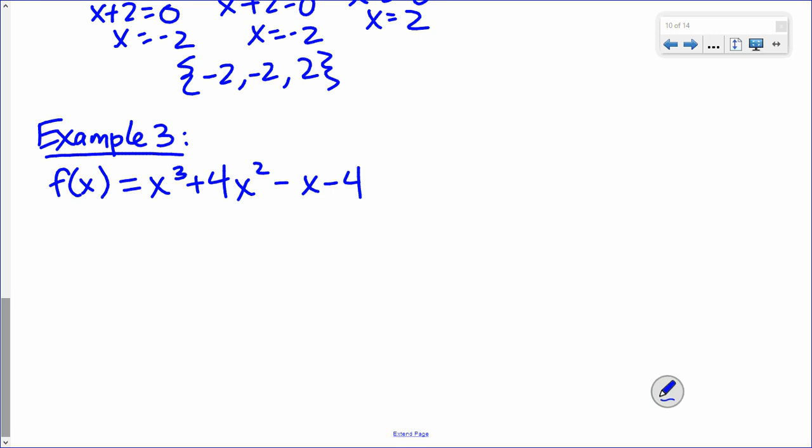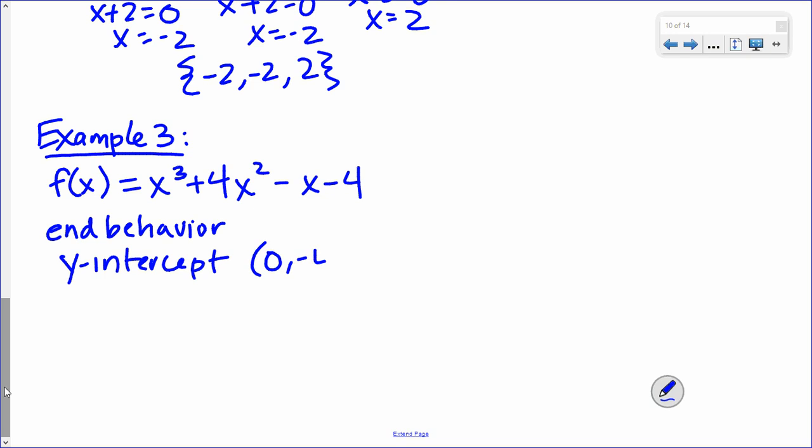Okay. So again, I can figure out the end behavior and the y-intercept from the standard form. Y-intercept's at 0, negative 4. End behavior, like that. And I can factor this one by grouping.